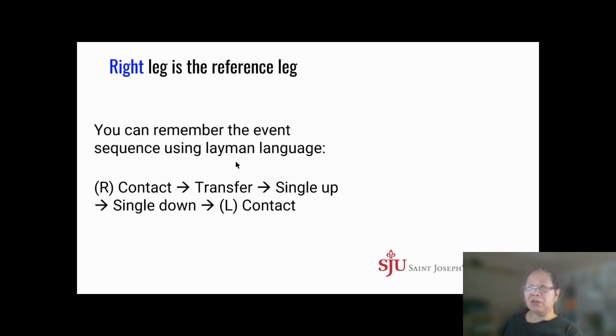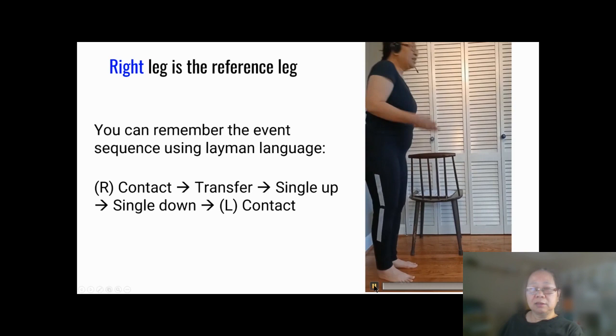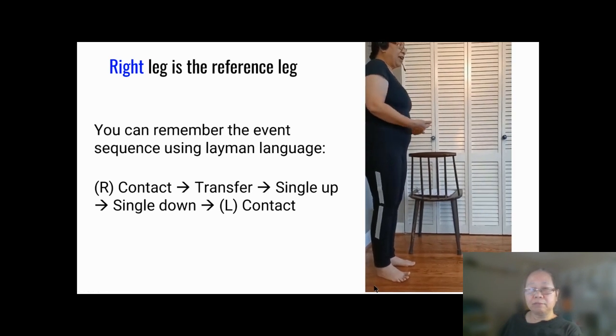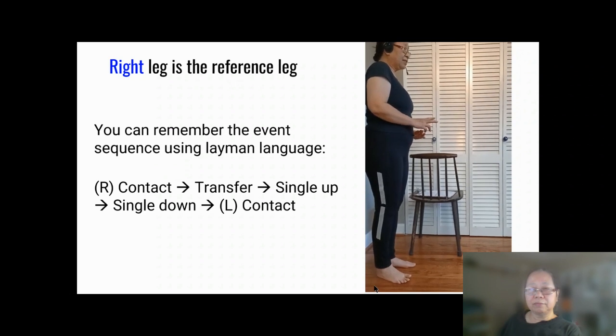And before we even go into the details, I have a layman's way of describing what is happening during the gait. In this activity, I mainly want you to experience the gait phases before you try to learn the name of the phases and the function.